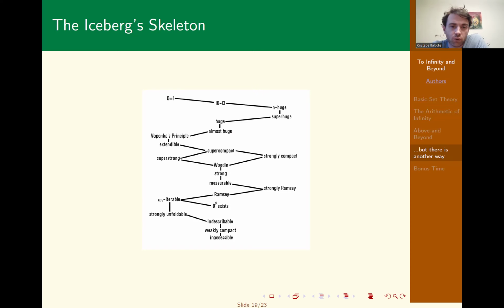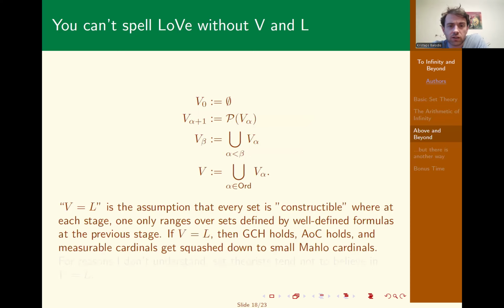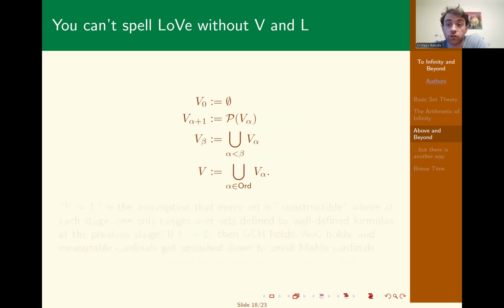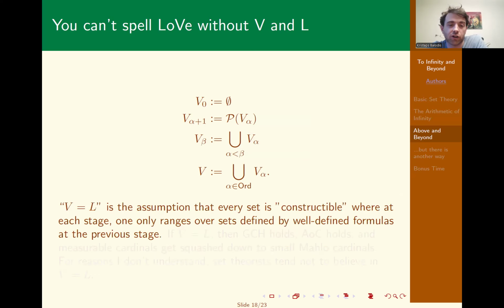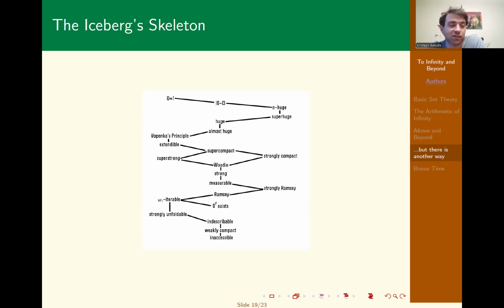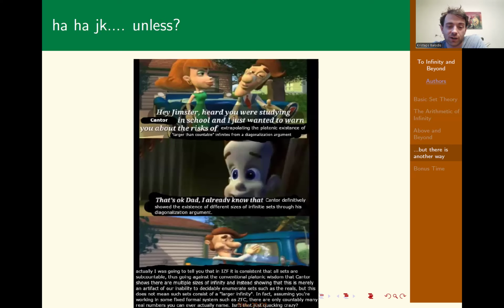So that's basically what I wanted to say on large cardinals. The punchline is you'd better believe in a whole infinite hierarchy of large cardinal axioms. And I think it's not so bad. I've convinced myself that it's not so much crazier than believing in infinity in the first place.